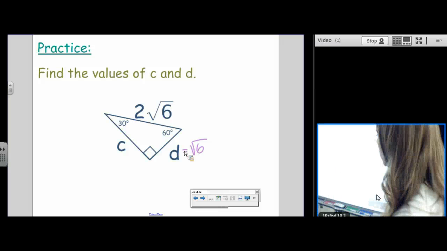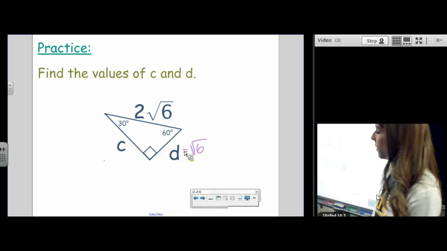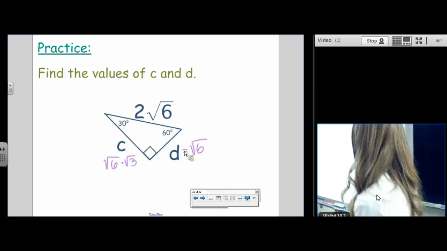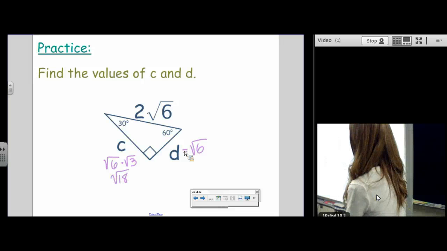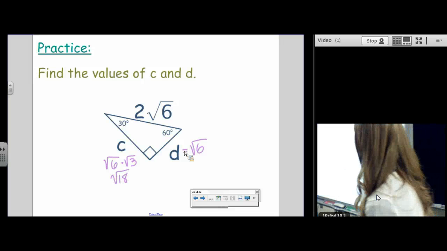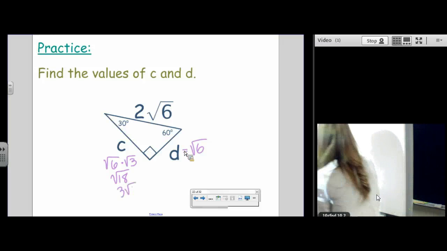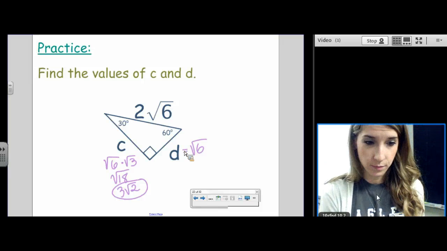And then I know the one across from 60 is x root 3. Oh, what is that? Square root 6 times square root 3. So D is square root 6, whereas C is 3 root 2.